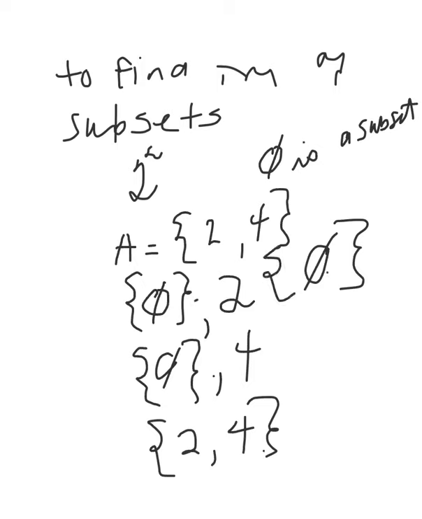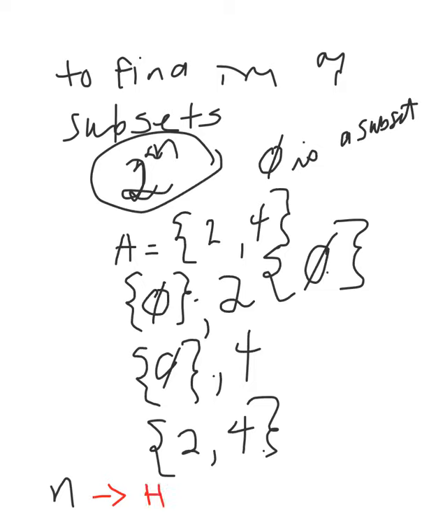Now, let's verify this. We're going to use the formula 2 raised to the n power to calculate the number of subsets. By the way, n is the number of elements in the set. So to verify this one, guys, it has 2 elements.